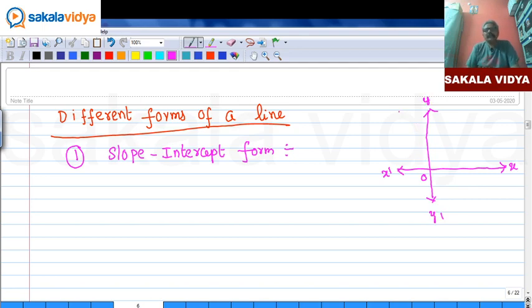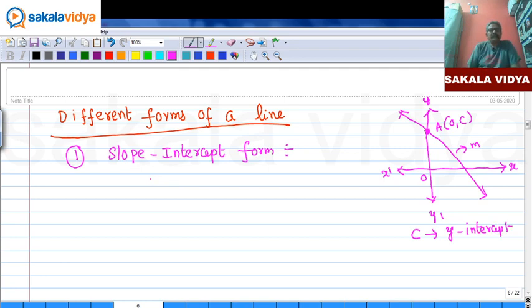Suppose the line cuts the y axis at (0, c) and whose slope is m, for example. Then we need to find the equation of the line. If a line cuts the y axis at (0, c), c is called the y intercept.